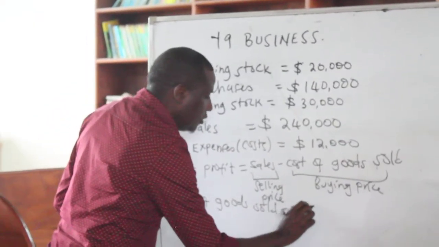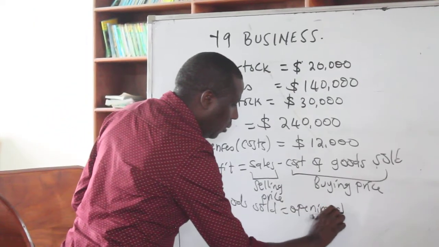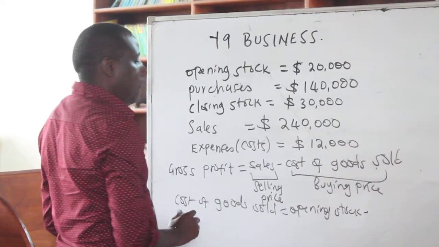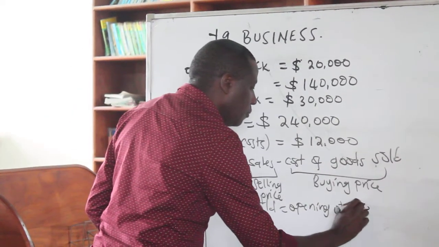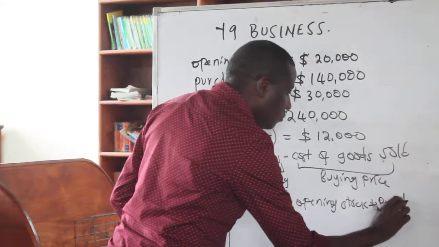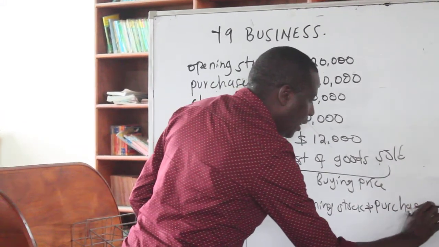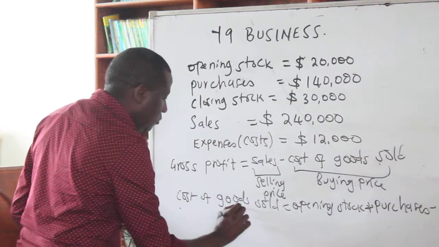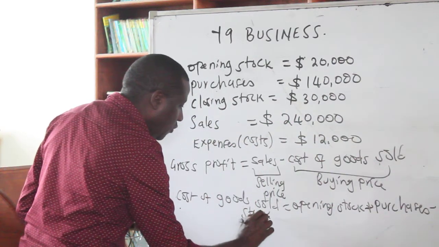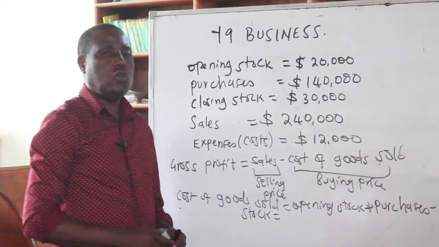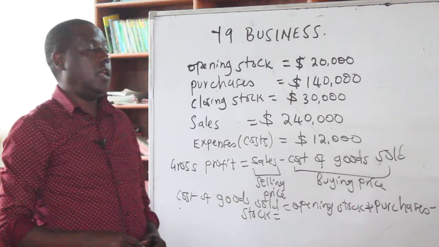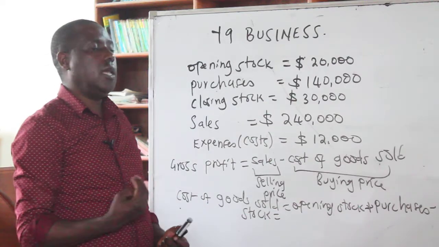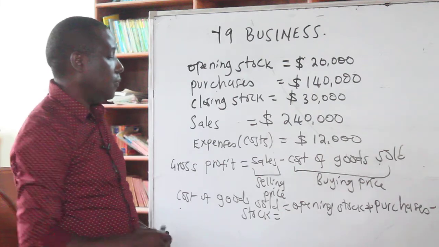Opening stock plus purchases minus closing stock. Alright, whatever you started with, add what you purchased with the intention of selling, subtract what you did not sell, that is the closing stock. You get the cost of goods sold.